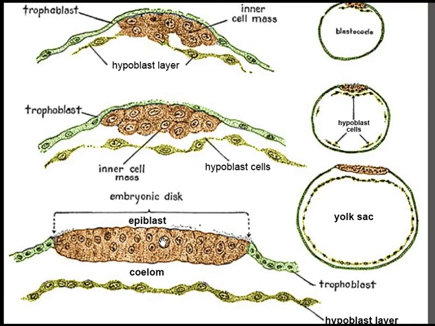What happens is, instead of this degenerating, a space develops between the trophoblasts and the inner cell mass, and that space becomes the amnion. In our domestic mammals, the amnion cannot form in that way, and so it has to form by a folding of the trophoblast to create an amnion, and we'll see that later.